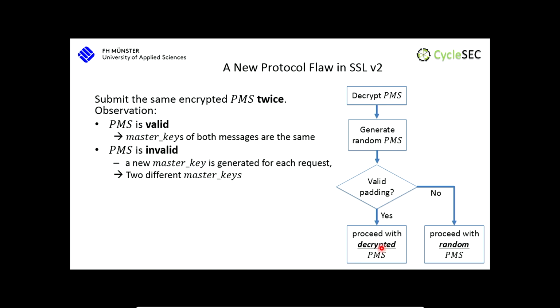In case the pre-master secret is invalid, we follow this path here, which means that the master keys for both server verifies will be different, because a new pre-master secret is generated for each and every request that comes in. And this we could distinguish, right? So this forms a new Bleichenbacher oracle, with the only condition that we don't get any error messages from the server.